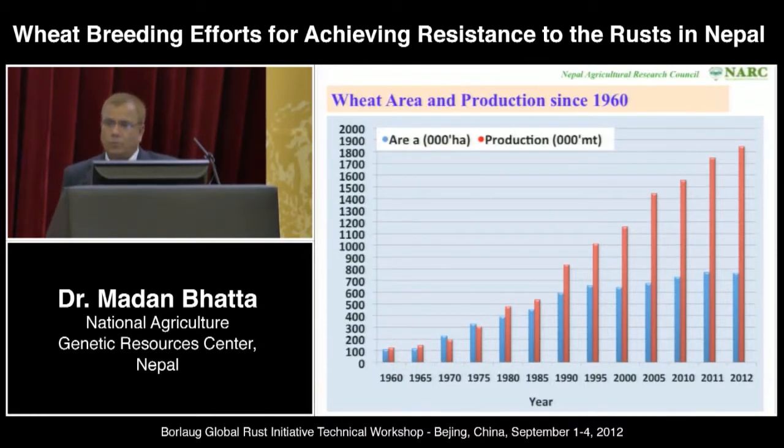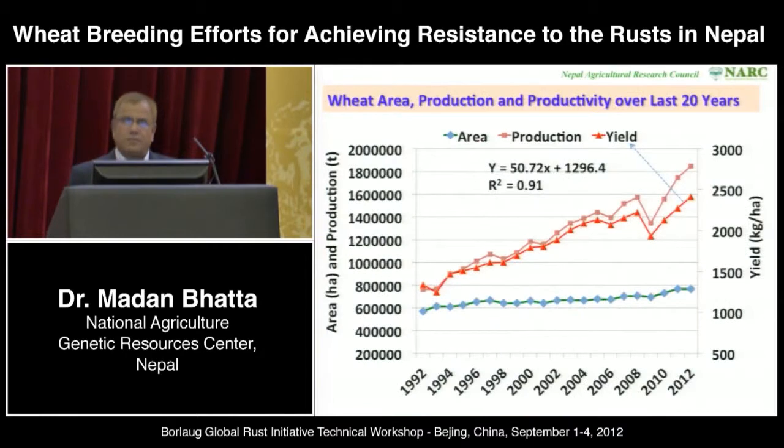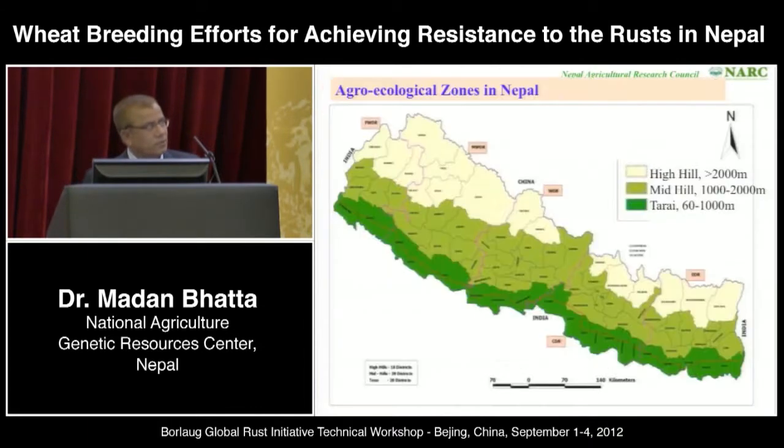And now we have more than 1.8 million tons of wheat production in the country, with the introduction, development and dissemination of improved rust-resistant high-yielding varieties. If we look at area, production and productivity over the last 20 years, we have an average productivity growth rate of 51 kg per year per hectare since 1992.